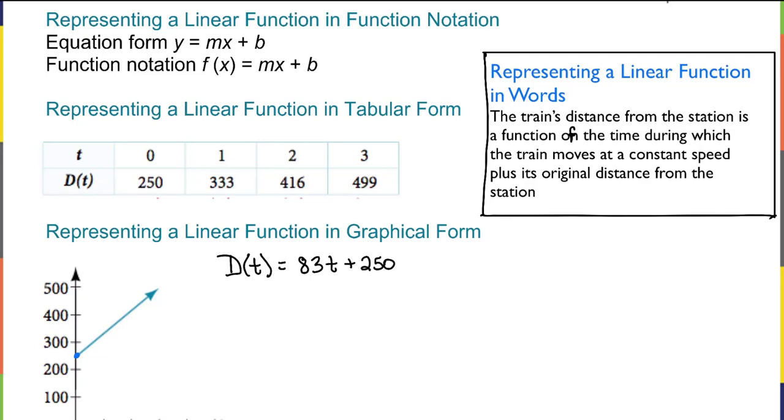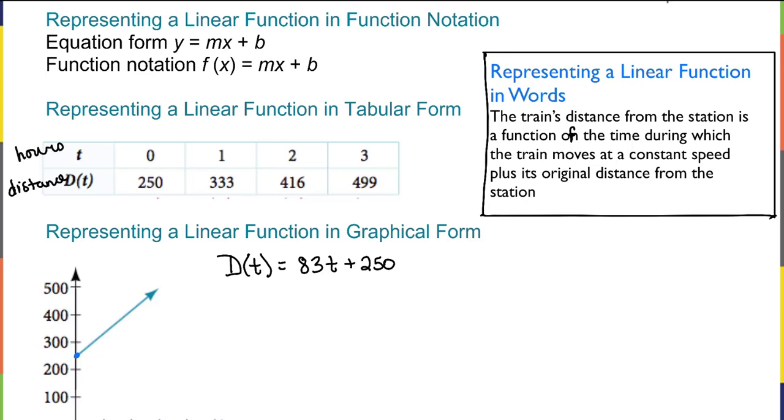Now, looking at this particular scenario in table form, t would be time, and d is the function. So d of t is the train's distance from the station as a function of time. T is time, I'm guessing, in hours.